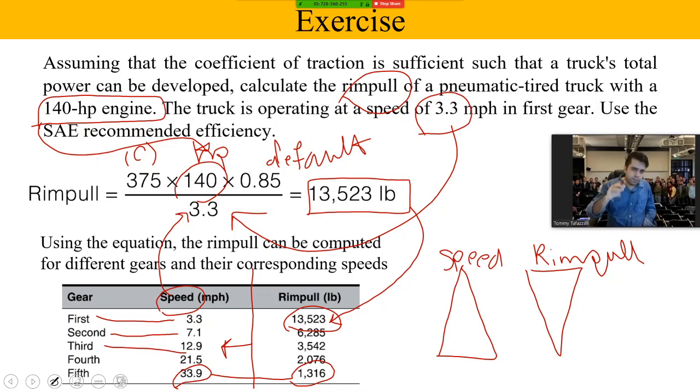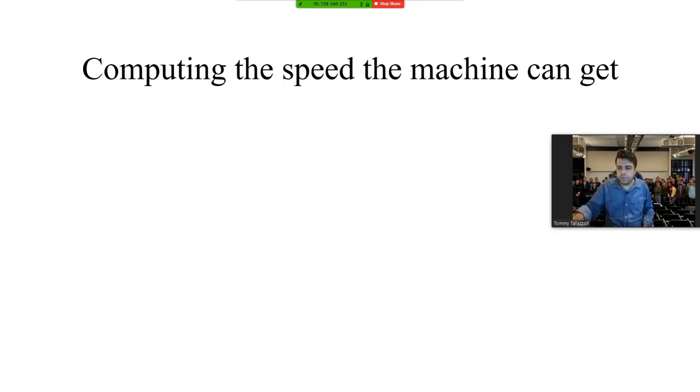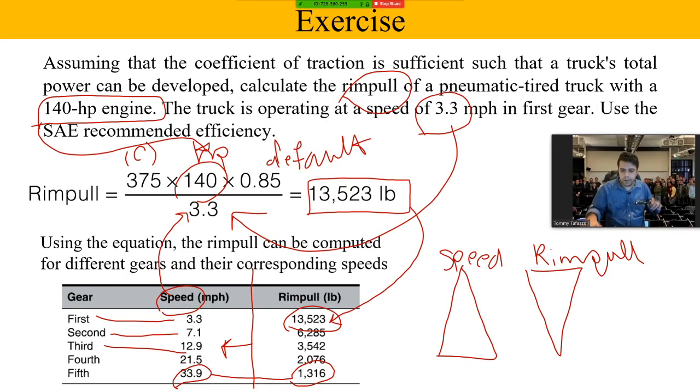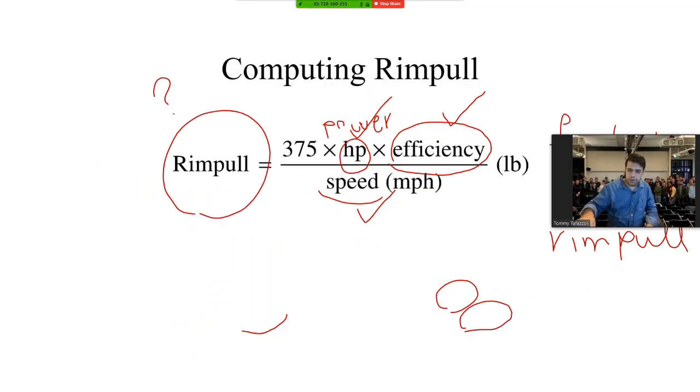Remember the example of moving the car on a snowy surface. So computing the speed the machine can get is also very important. Because if you know the rim pull, let me go to this equation. If this is known, and the efficiency is always known, or if it is not, you can just assume it to be 0.85, and the machine horsepower is also known, then by having those pieces of information you can get the speed of the machine.